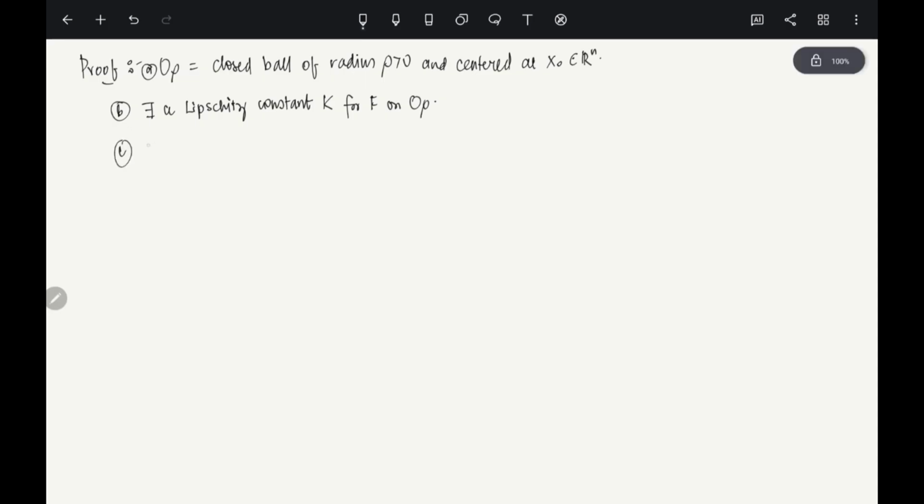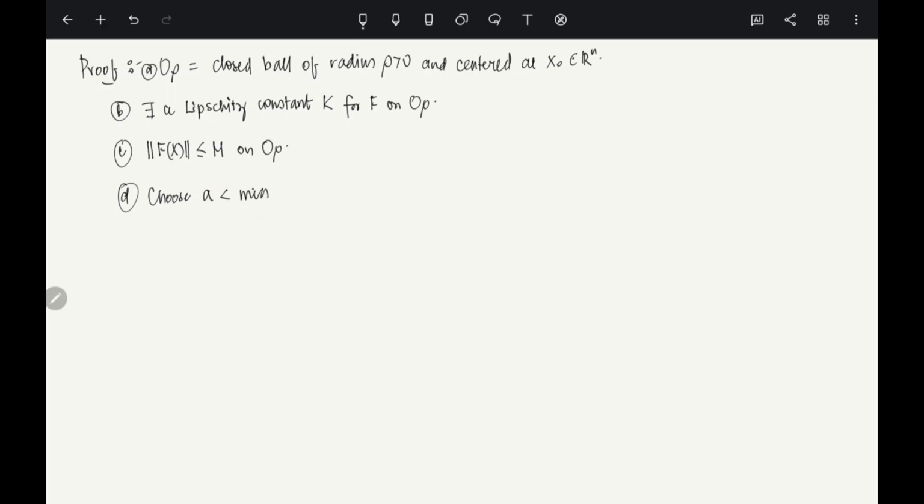Now the norm of f of x is bounded by M on O rho. Again, O rho is compact, f is a continuous function, so there is a bound, a maximum, which we call M. And we will choose a less than or equal to the minimum of rho by M and 1 by K. This is just a technical thing, nothing special.